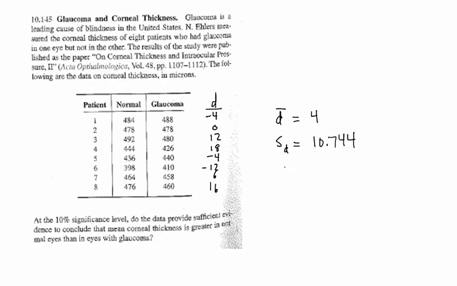And we're also going to need N, which is equal to 8. There was 8 patients. And we're going to need the degrees of freedom, because this is a t-test. And degrees of freedom is 8 minus 1 for this test, so 7. And our significance level is equal to 0.1.